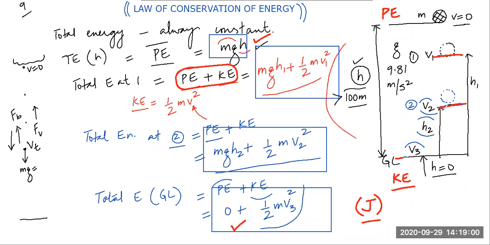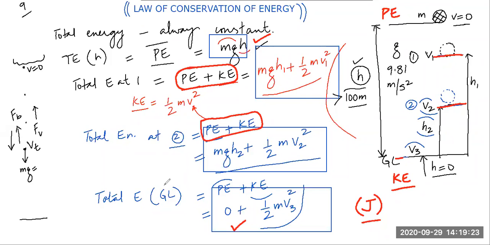At the 2 position also, the total energy of the body is a sum of potential energy and kinetic energy. Very simple. When height becomes 0, there is no potential energy. When velocity becomes 0, there is no kinetic energy.